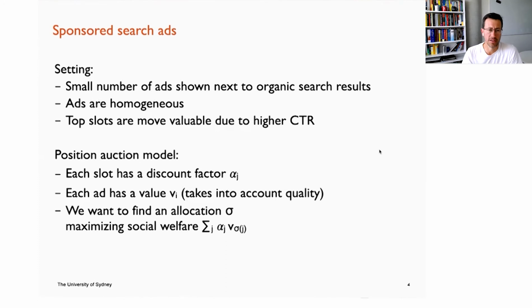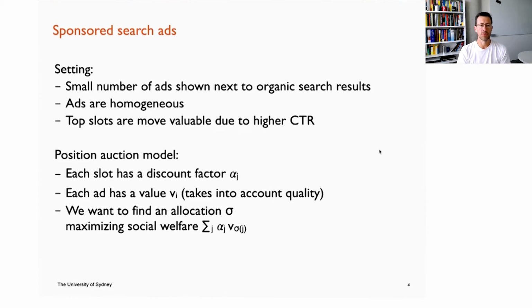So the way this is typically modeled is you have a position auction model where each slot has a discount factor alpha j. So j goes from slot number 1 all the way to whatever number of slots you have. And each ad has a value vi, which takes into account the quality of the ad, like what is the probability that a user is going to click on the ad, and the value that this ad has for the advertiser. So it captures all that.